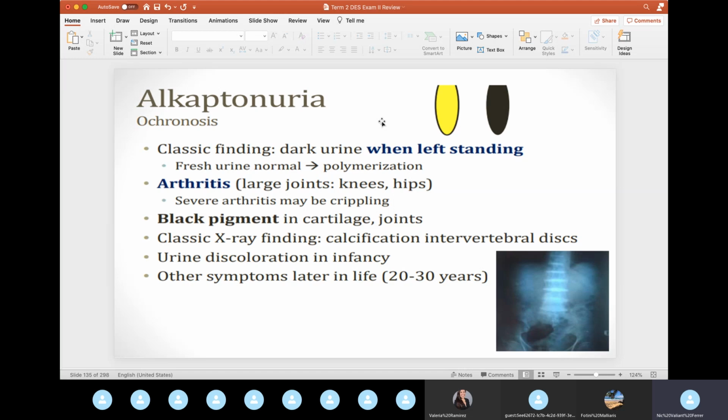How are you going to contrast alkaptonuria with porphyria? What's the difference? Porphyria is red. Porphyria, like for example, acute intermittent porphyria or porphyria cutanea tarda, right?